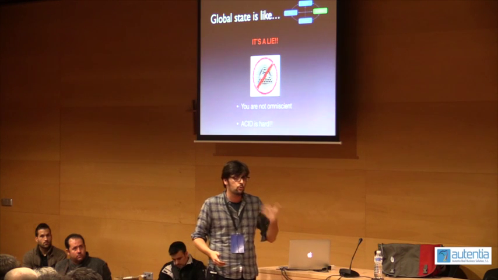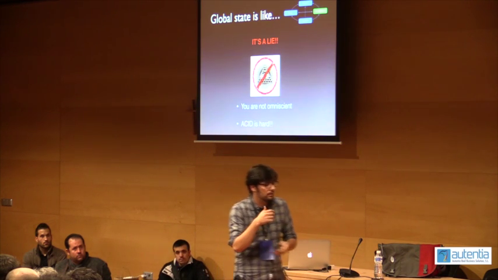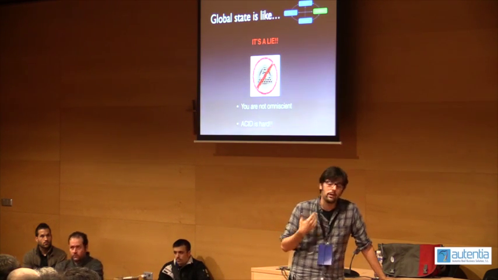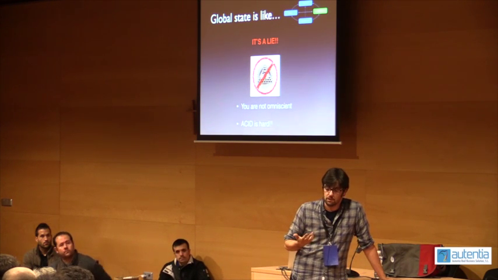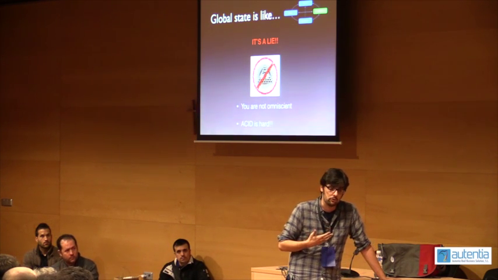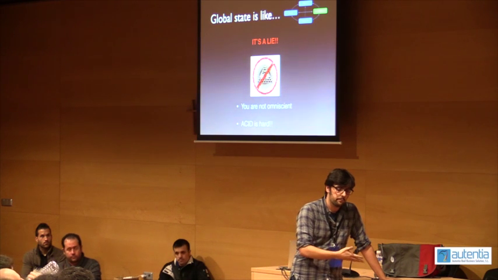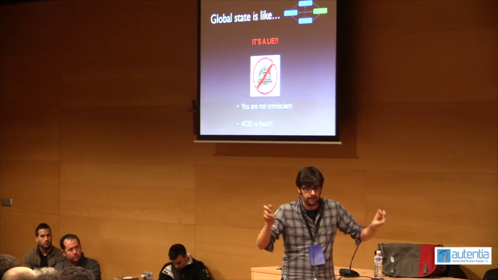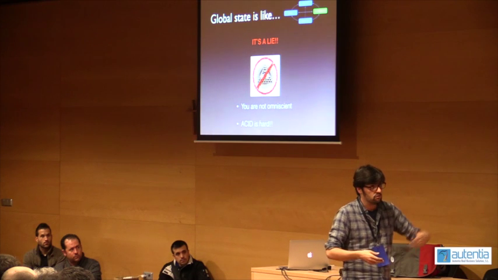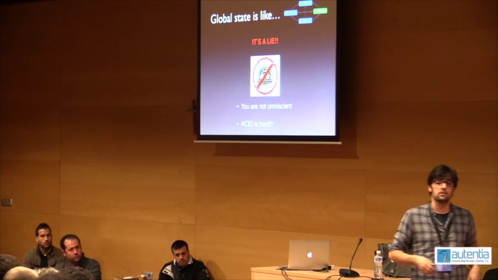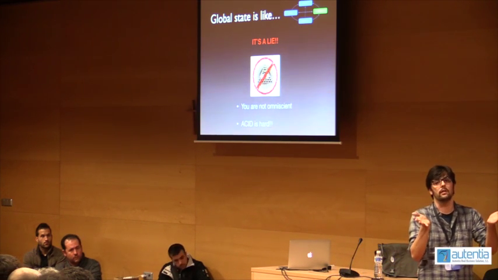It's something that we should move away from. We are not omniscient, and we cannot expect to have a single source of truth. I've seen a lot of systems that try to be reactive and fake it by creating a layer, which is usually a database, saying, well, this is our source of truth because everyone communicates through the database.